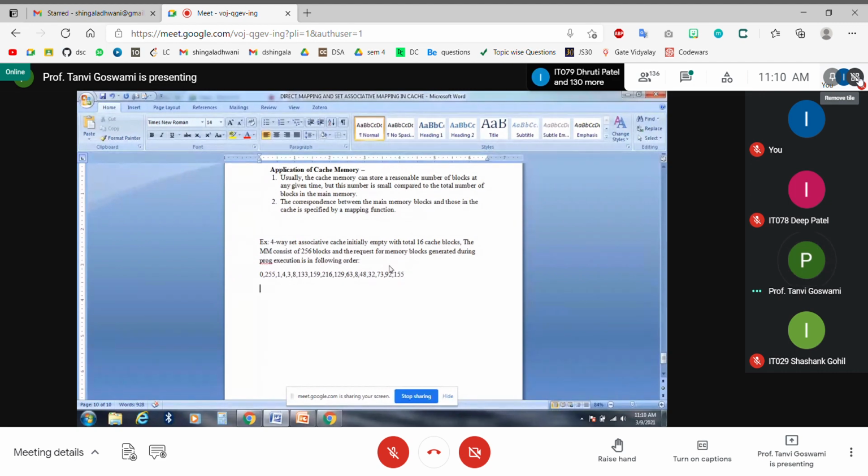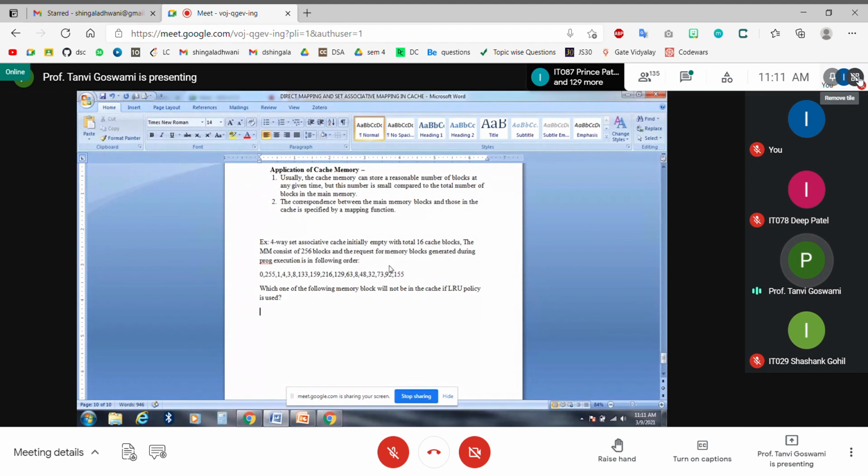Now, further, the question is, which one of the following memory blocks will not be in the cache if LRU policy is used?